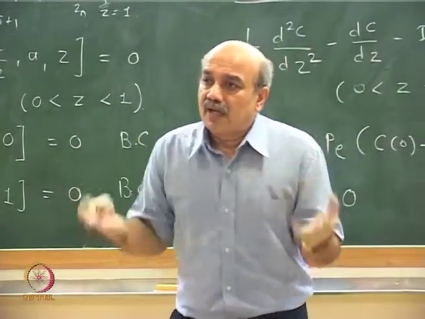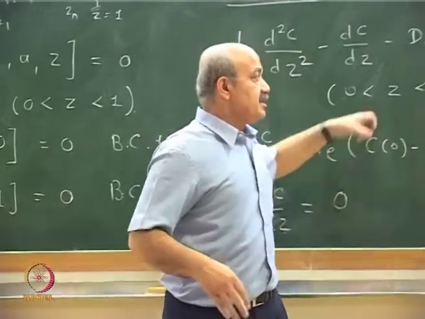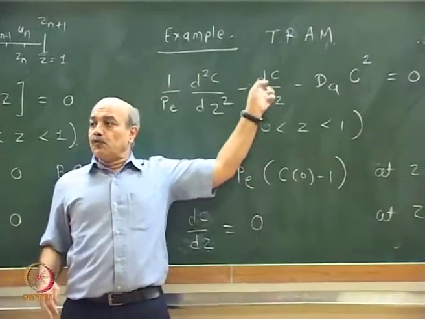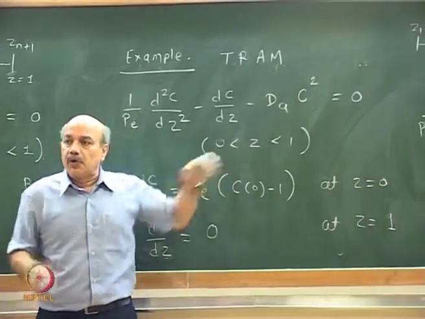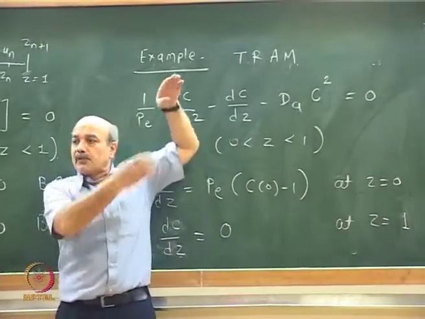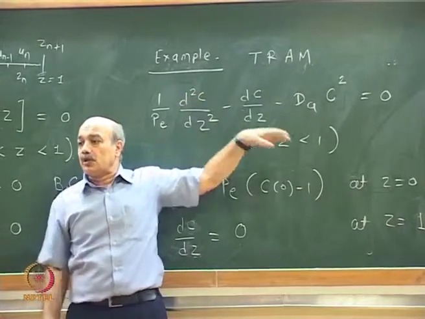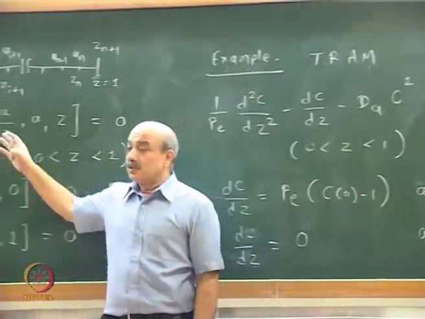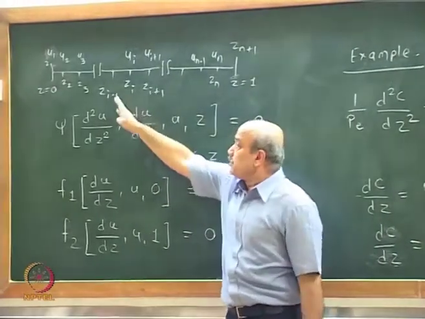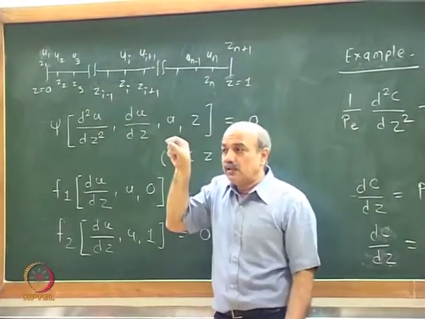What is the meaning of a large number of grid points? Suppose you were to enforce this residual to be equal to 0 at a large number of grid points, the number of equations that you need to solve simultaneously will be large. Suppose to get a good solution using finite difference, I need to subdivide this into 100 small intervals.